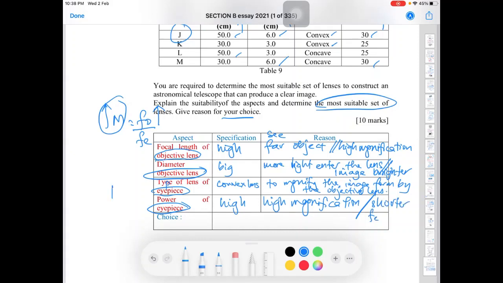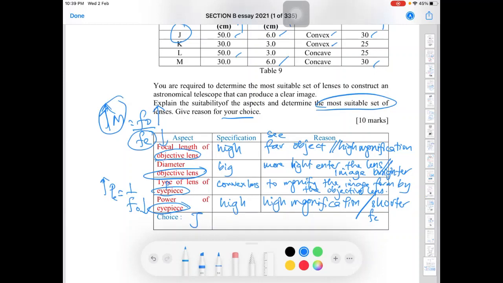Okay, sebab power sama dengan 1/f. So kalau power eyepiece, maksudnya greater power, lower focal length. So kalau greater power is greater magnification lah. Sebab kalau ini nampak FE ni, so kalau FE ni low, maksudnya magnification will be high. Jadi your choice will be J.